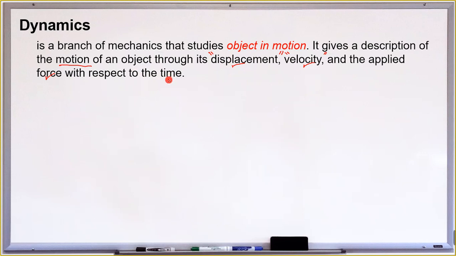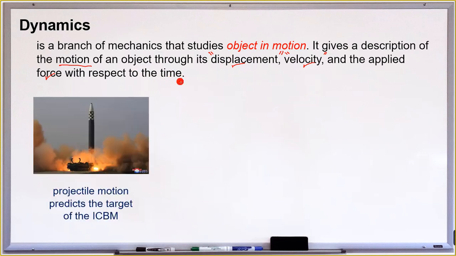Now, why do we need to study this? As you can see in the figure on the left, this is an intercontinental ballistic missile. We all know that we are now at war, and a lot of countries are conducting research and development with regards to weaponry.